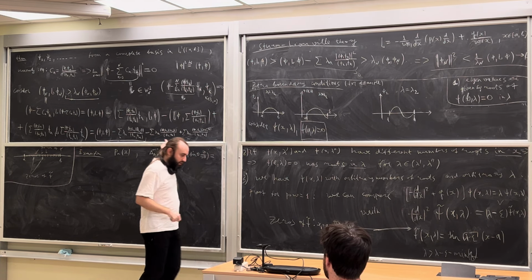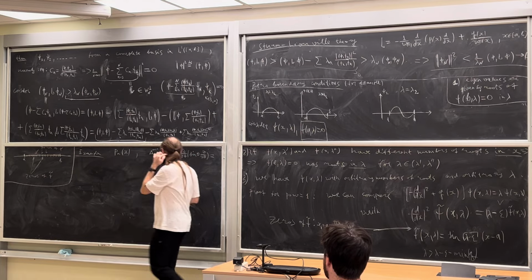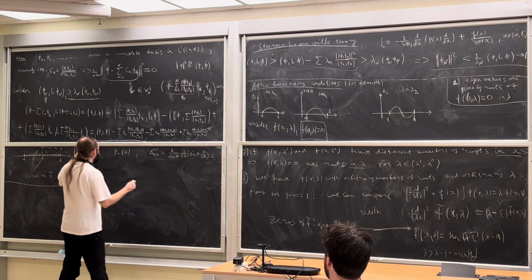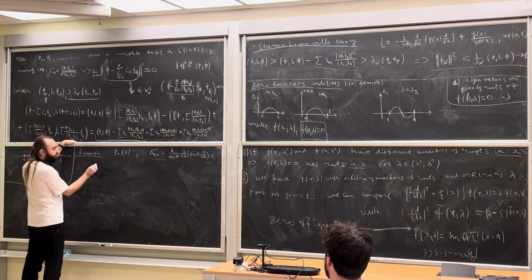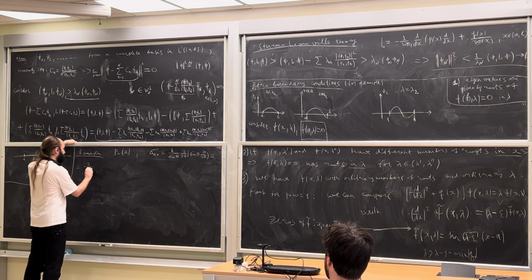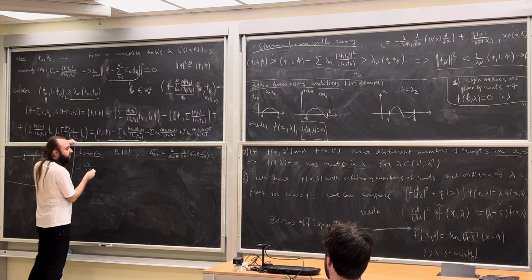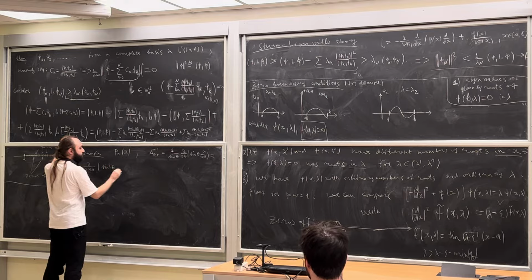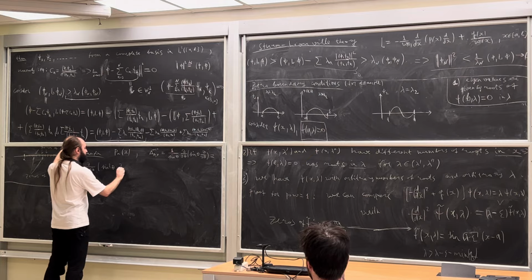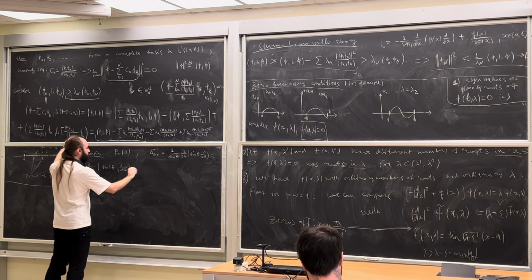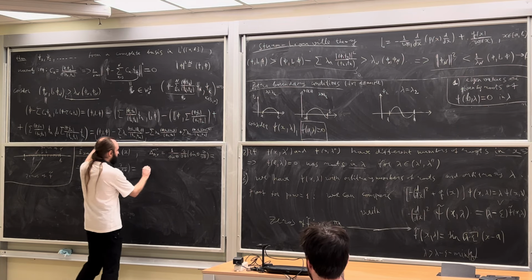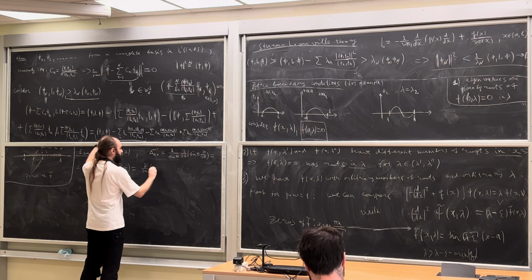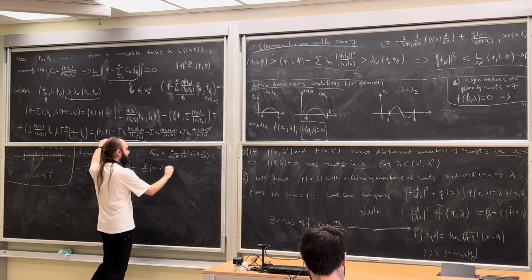So if you write it in this coordinate, this becomes d by dx of one minus x squared d by dx.